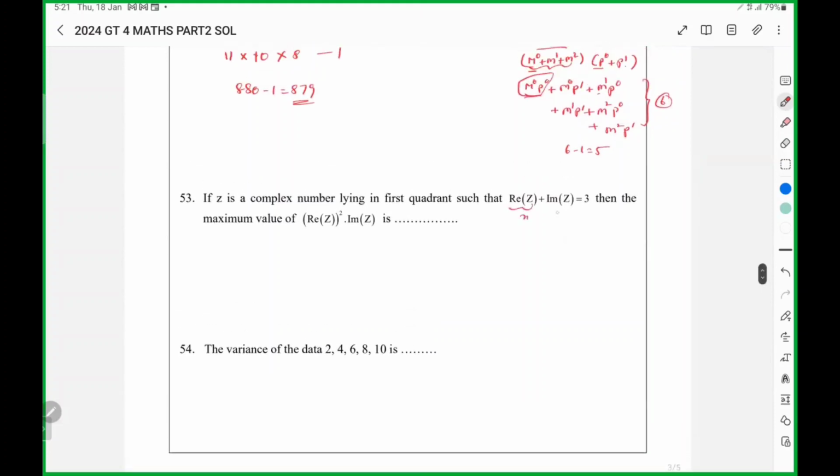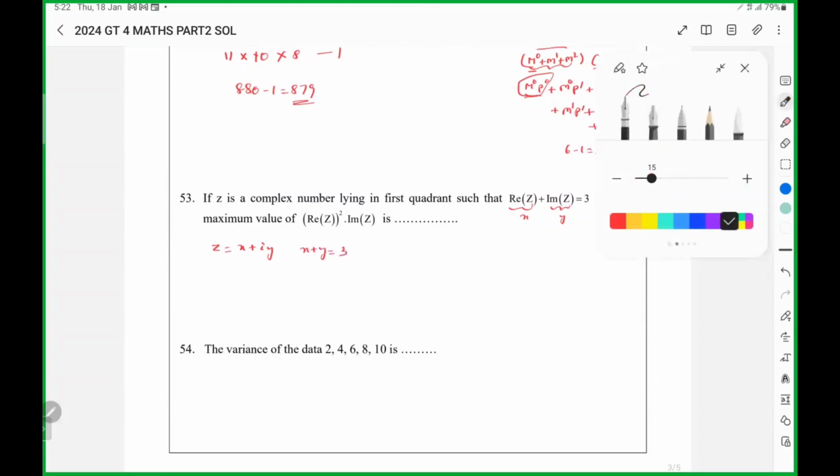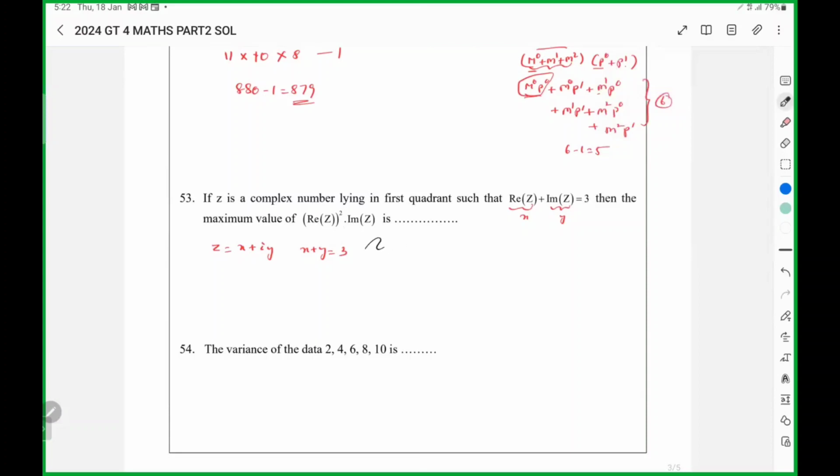Let us assume real part of z. Z if you take it as x plus iy. So x plus y is 3. The real part of z square means x square y. This we have to make it subject to have a maximum for it. 3 minus x.